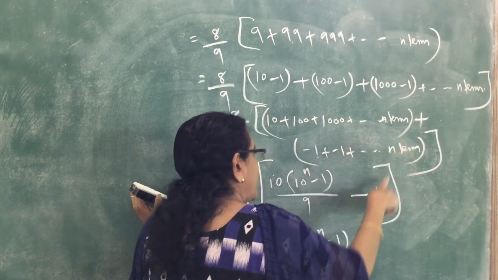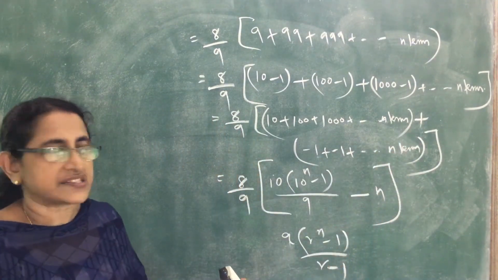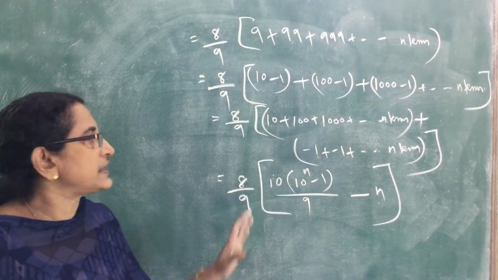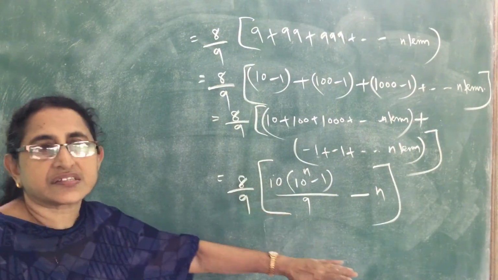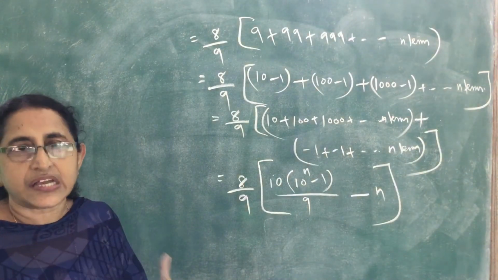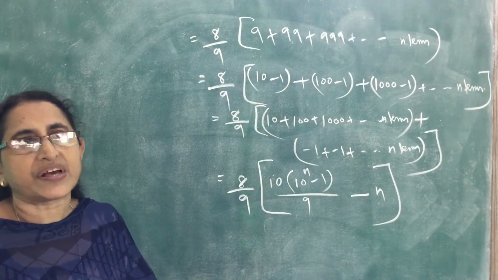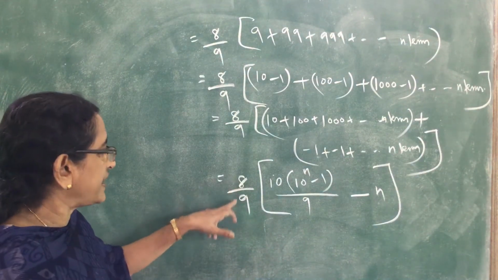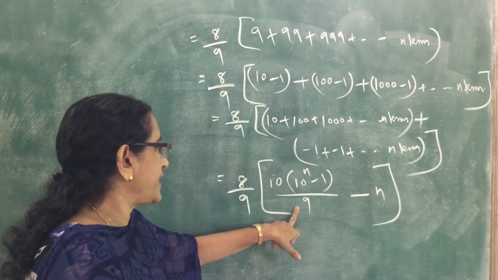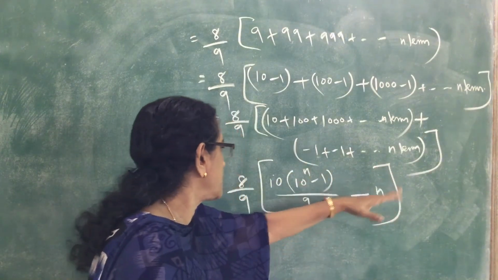So that is the answer. This is the sum of n terms of the sequence 8 plus 88 plus etc.: 8 by 9 into the bracket 10 into 10 raised to n minus 1 by 9, minus n.